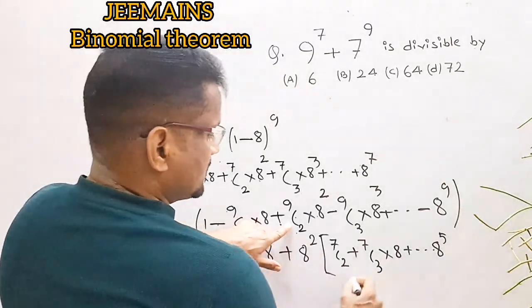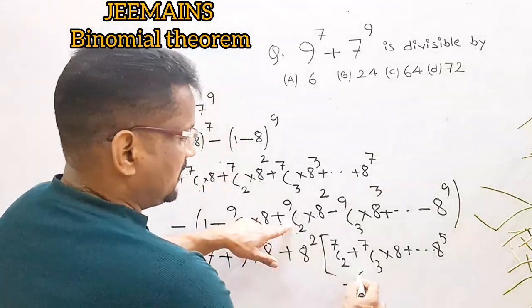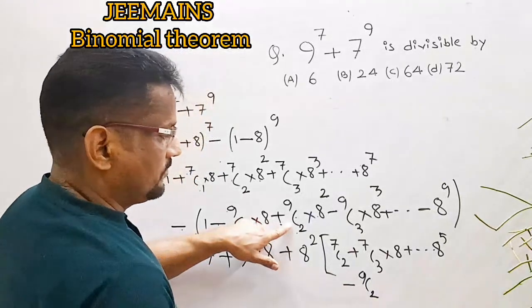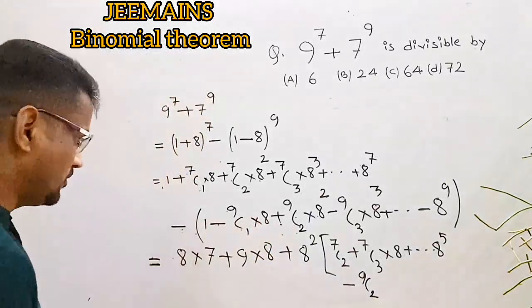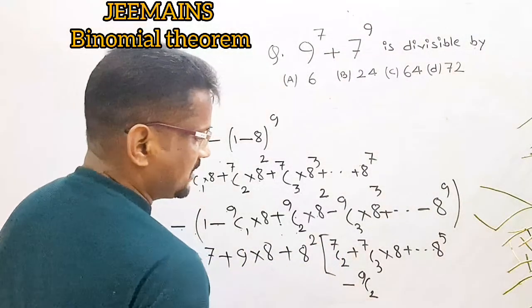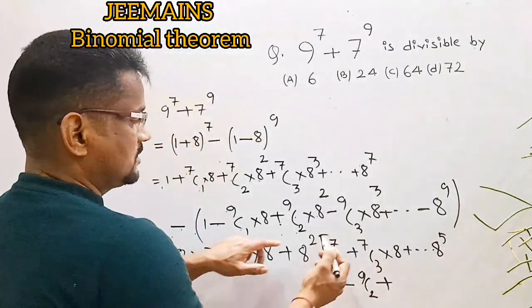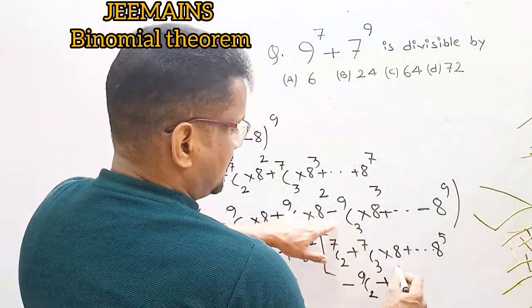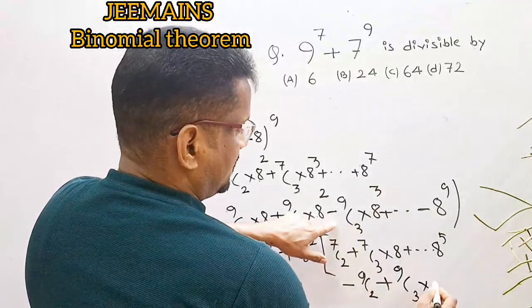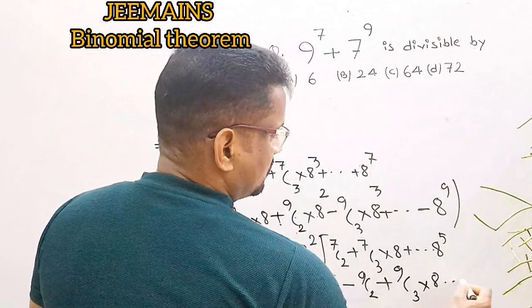Now from here, the rest of the terms you can write. It is minus 9C2, 8 square common, so only 9C2 is there. So minus minus will be your plus. Then this minus and this minus will be plus. And that's why here what will come? Plus, 8 square common, only 9C3 into 8, and so on.